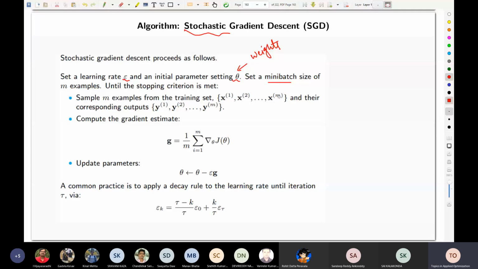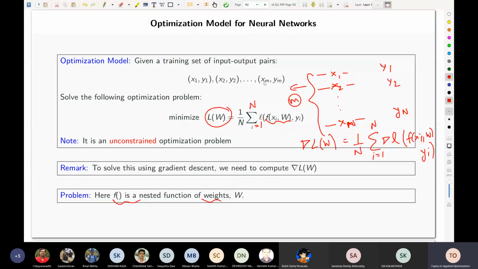In here the m means a subset of n. So let us say these are n. So m means I select m, which is less than n. So a selected set of samples, that's called a batch, and obviously they come with the paired labels also. So I will sum this only up to m, and that is why it's called stochastic, because the gradient I'm computing is based on some samples only.